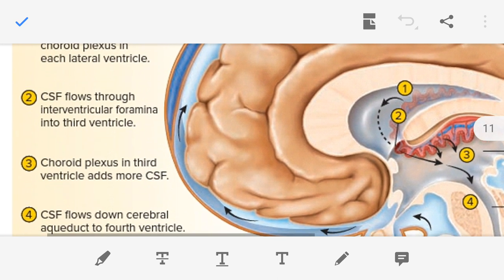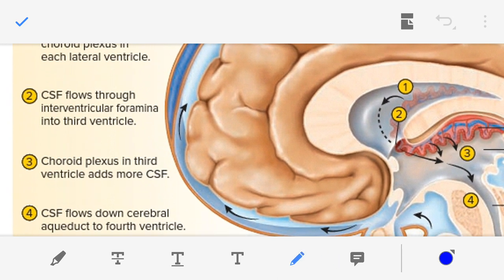Now where is this CSF going? As you can see, this part, what is this? This is the interventricular foramina. Inter means in between. Which ventricles are we talking about? Lateral ventricle and third ventricle.